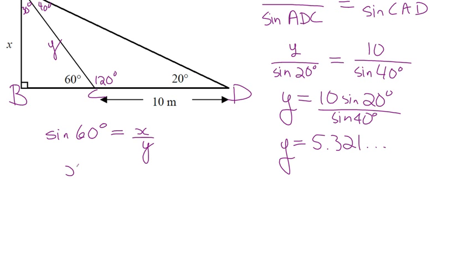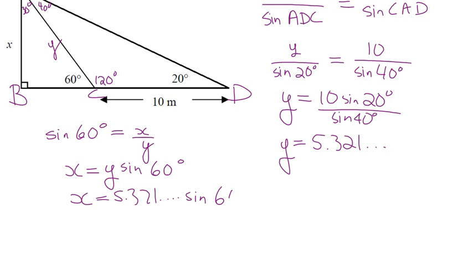We're trying to find x, so x is equal to Y sine 60. What is the exact value of sine 60, just out of curiosity? Root 3 over 2, right? You don't need to do that. You just go times sine 60 and hit enter.